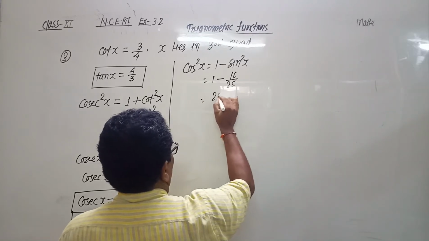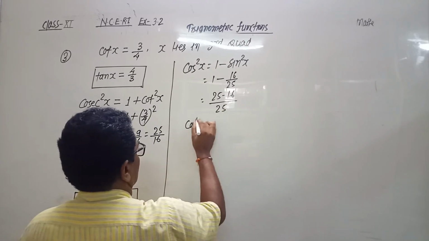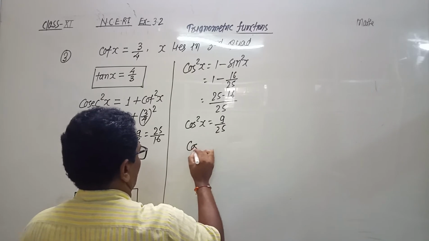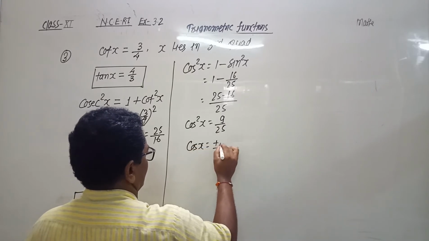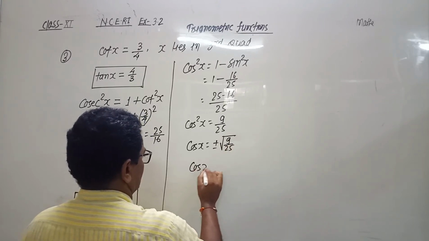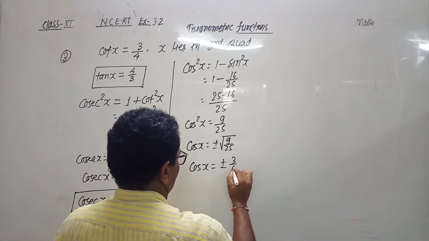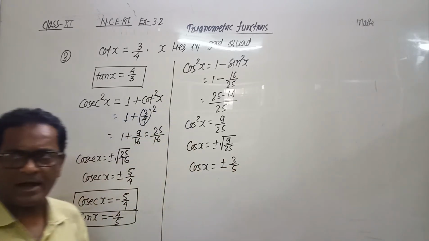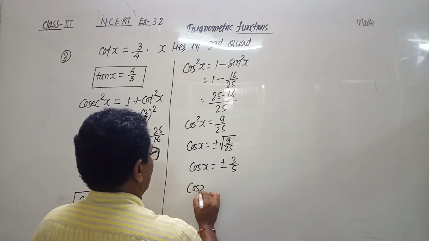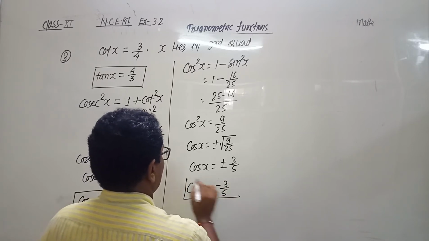So 25 minus 16 upon 25, and cos square x is 9/25, and the value of cos x is plus minus root over 9/25, so cos x equals plus minus 3/5. And in the third quadrant, cos x is also negative. So cos x equals minus 3/5.